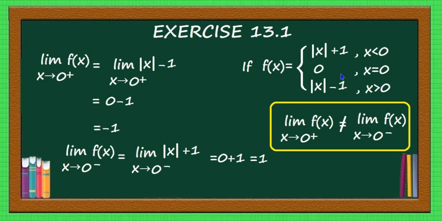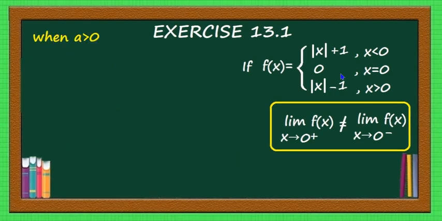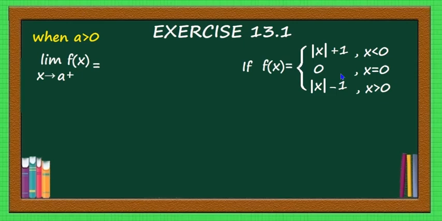Now, let us take a point a, which may be either greater than 0 or less than 0. First let us take a greater than 0. When a is greater than 0, let us find the limit as x tends to a plus of f of x and the limit as x tends to a minus of f of x. The limit as x tends to a plus of f of x: here a is positive, so a plus is always positive because it is greater than a.